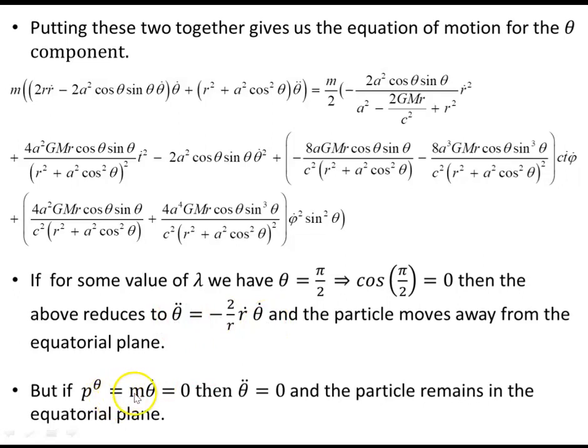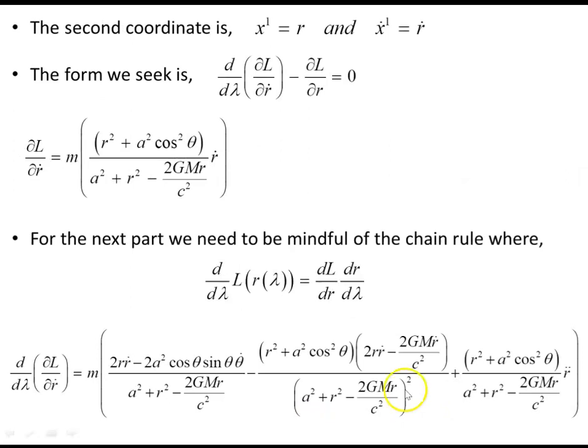But if we've set the momentum in the θ direction to be 0, m θ dot is 0, then at θ is π/2 in the equatorial plane, we have acceleration of this coordinate 0, and the particle can remain in the equatorial plane. It simplifies the analysis anyway, as you can see.